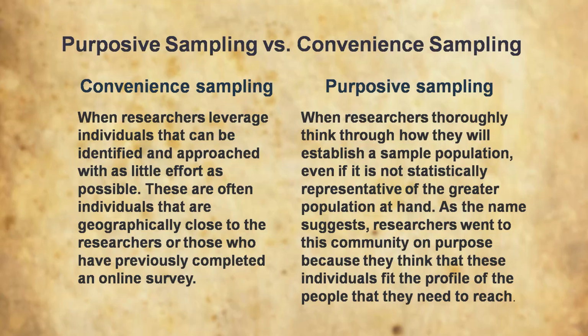That's part of convenience sampling. In purposive sampling, researchers thoroughly think through how they will establish a sample population, even if it is not statistically representative of the greater population at hand. As the name suggests, researchers went to this community on purpose because they think that these individuals fit the profile of the people that they need to reach.